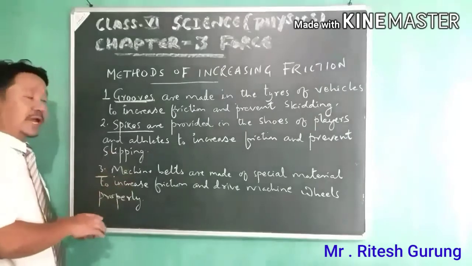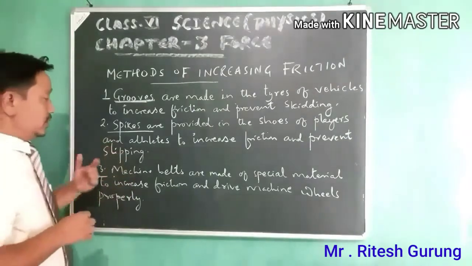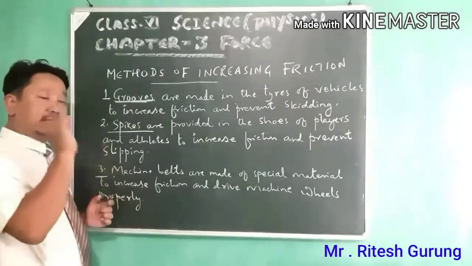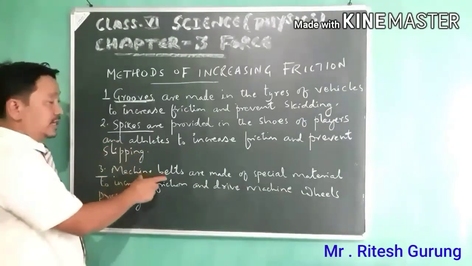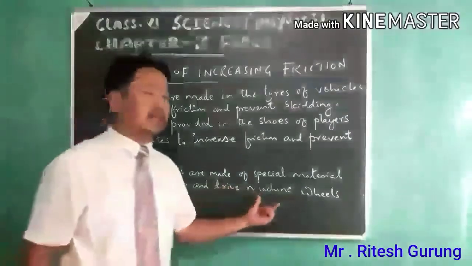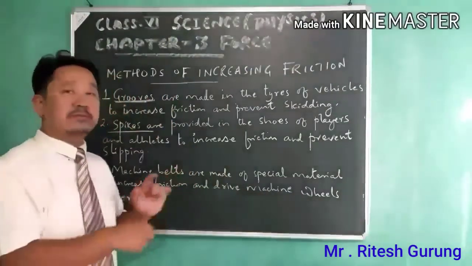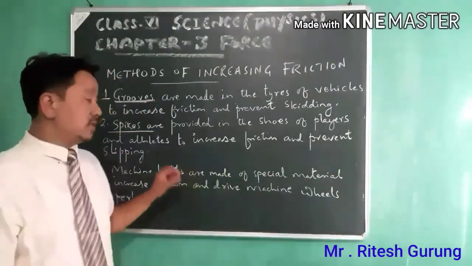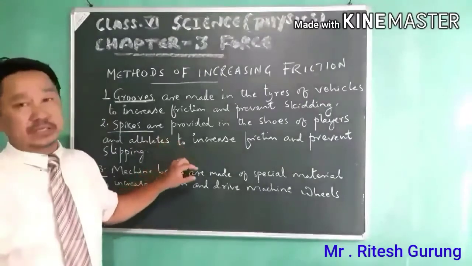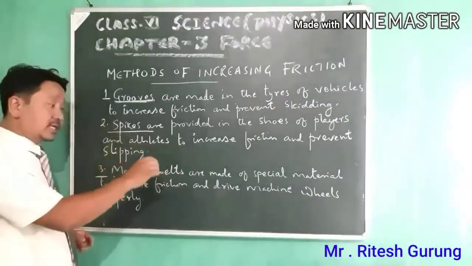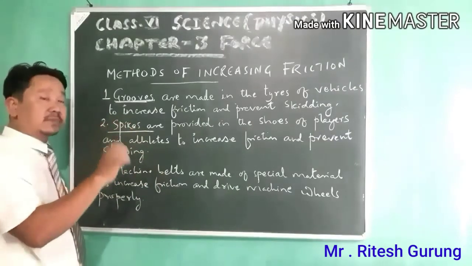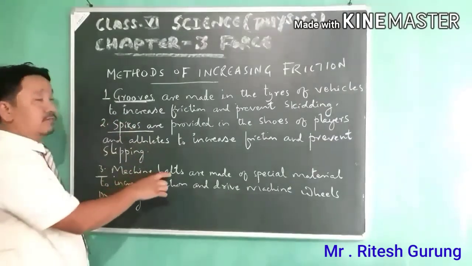Here we find increased friction between the machine belts and the machine wheels, and it all functions very properly because of the increased friction. The friction here increases mainly because of the roughness of the machine belts.